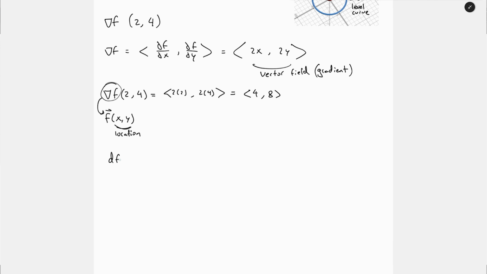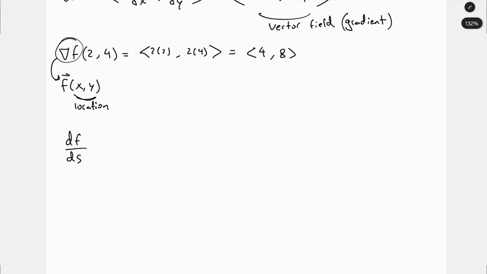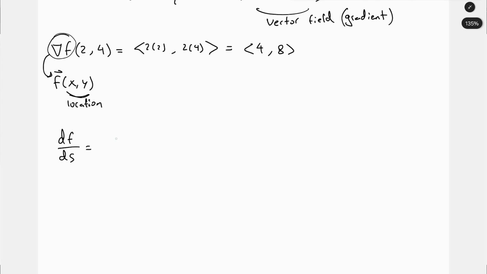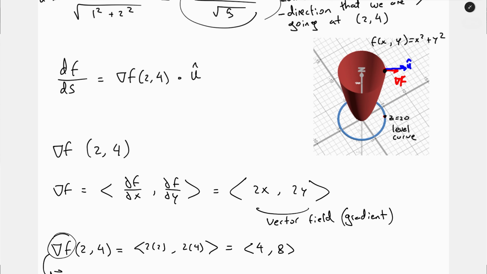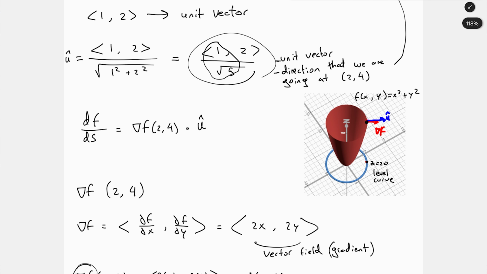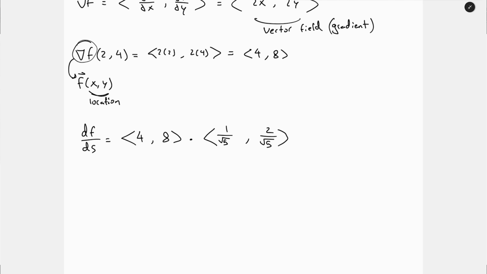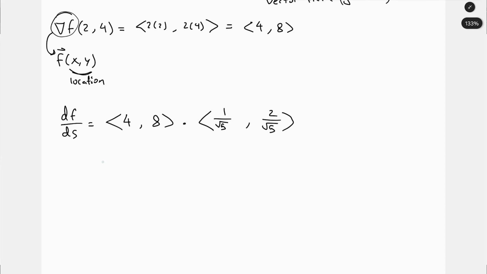So our df/ds, let's zoom in a little bit, equals (4, 8) times (1 divided by root 5, 2 divided by root 5). This is the same as this one, so I'm just writing them together. And let's do the dot product.